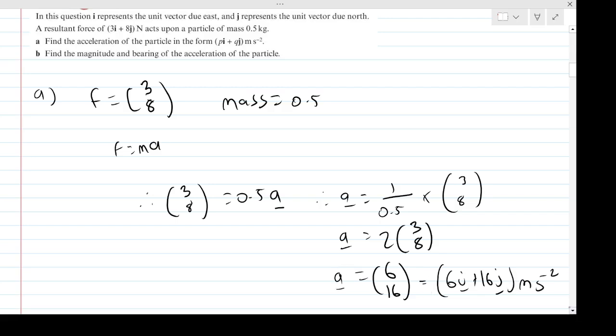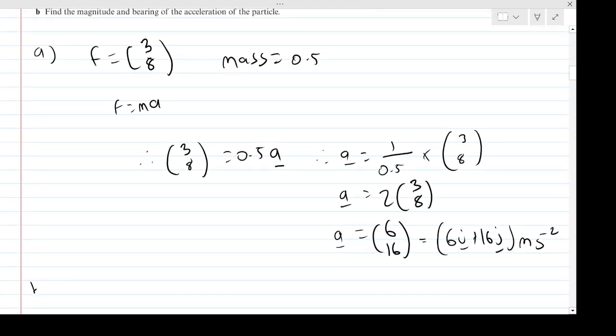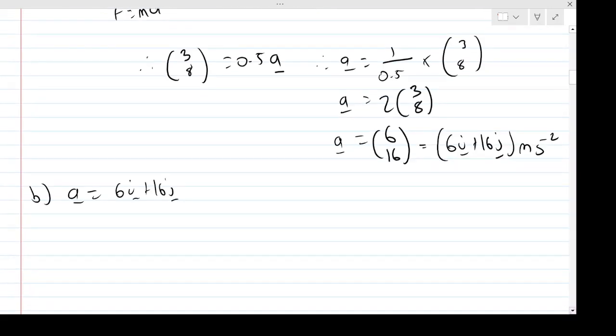Okay, we're going to be using F equals ma to find the force and acceleration. Then it says in part B to find the magnitude and the bearing of the acceleration. So again, remember the acceleration we just worked out was 6i and 16j. So the magnitude firstly is the length. We say the magnitude is these double vertical bars, so that's the length.